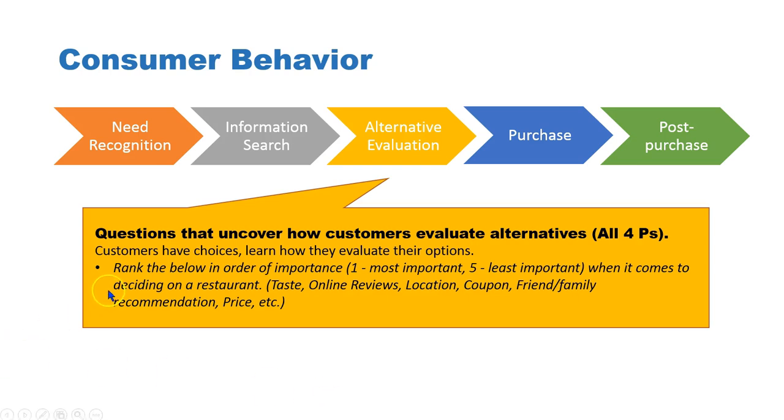So for example, rank the below in order of importance, and you can see here that you're defining what you mean by that. 1 is most important, 5 least important. When it comes to deciding on a restaurant, you'll offer their options and their ability to rank, right? Taste, online reviews, location, maybe there's a coupon, friend, family, and so on. And so again, if you do an other, you'll want to let them be able to fill in that blank space.